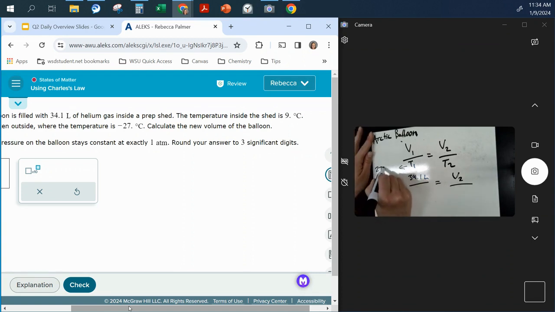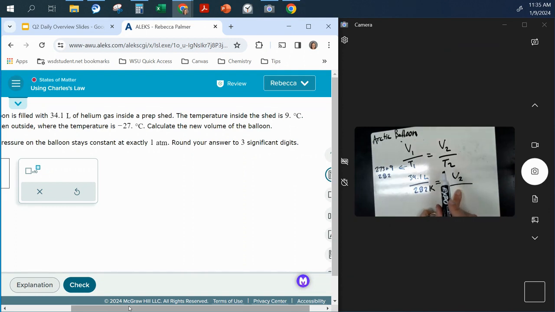Okay, so 273 plus 9. That's our initial temperature. I'm putting in Kelvin. This is going to have 3 sig figs. That's 282. Is that right? And then this one the temperature goes down again. I think we decided it always goes down, but sometimes it can stay the same.